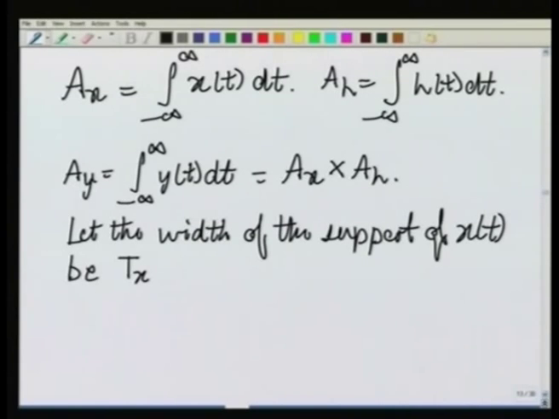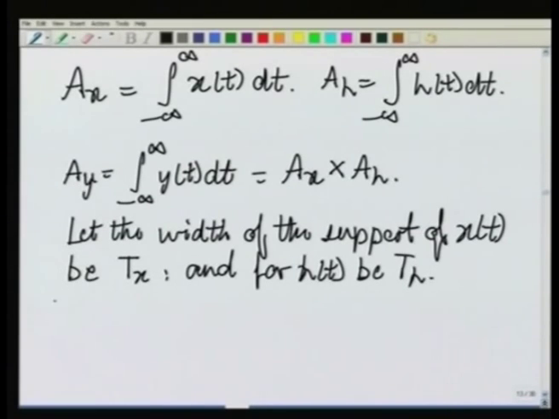That is to say, x t is non-zero over the interval T x and 0 elsewhere, and let the same thing for h t be T h.